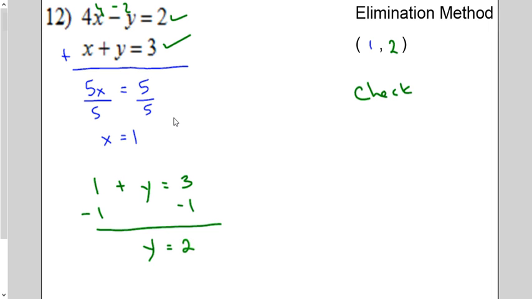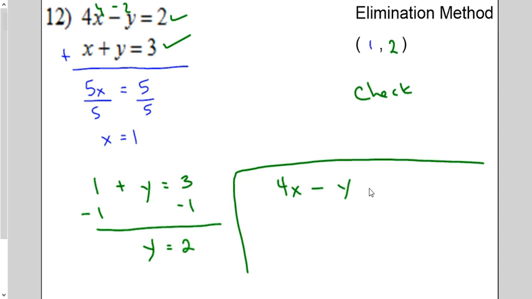When we're trying to find the second variable, does it matter which equation you plug it into? No, just make sure that you plug it into the correct one. If you made a mistake, like let's just say this last part right here, let's just say instead of plugging in x for 1 in 4x minus y equals 2, you plugged it in there.